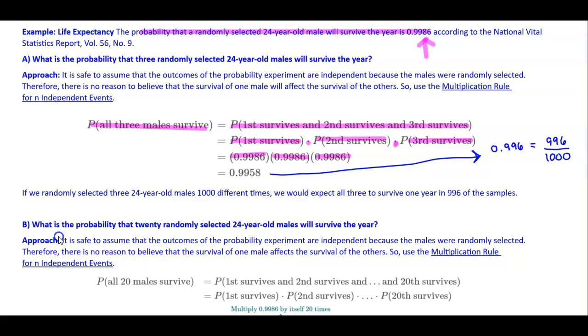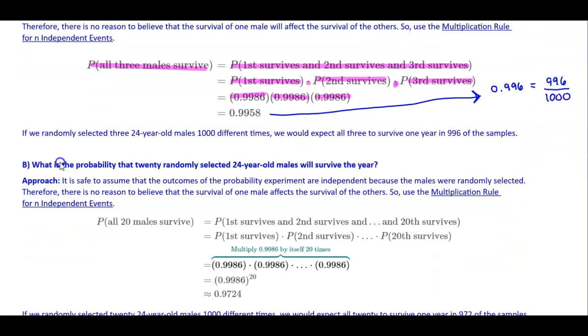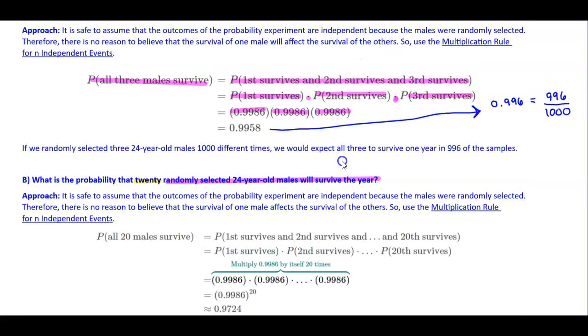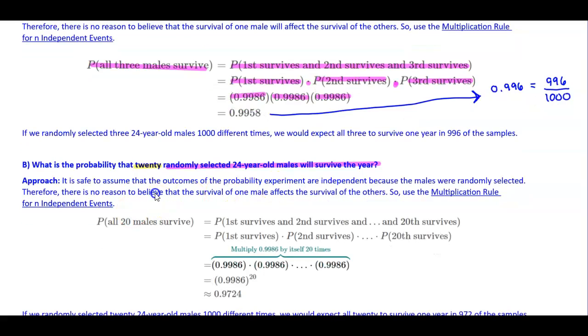Let's take a look at the second question, part B. It says, what is the probability that 20 randomly selected 24-year-old males will survive the year? Now we're selecting 20 randomly selected males that will survive the year, again using the same number from the previous step. It is safe to assume that the outcomes are independent because the males, again, were randomly selected.